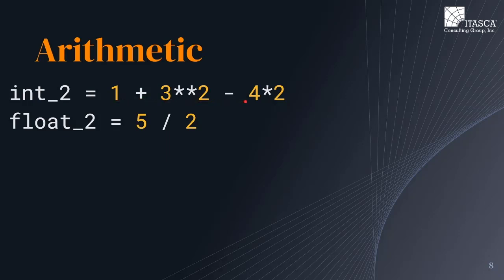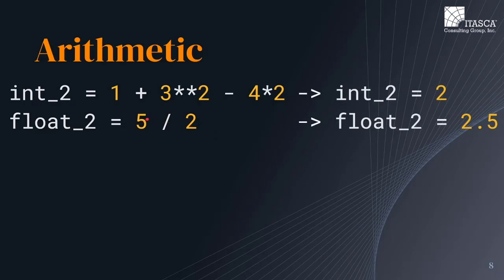So this line here would store in the variable int_2 the mathematical result of 1 plus 3 to the power of 2 minus 4 times 2. And in this second variable, it would be initialized to contain the data 5 divided by 2. So afterwards, int_2 would store 2 and float_2 would store 2.5.